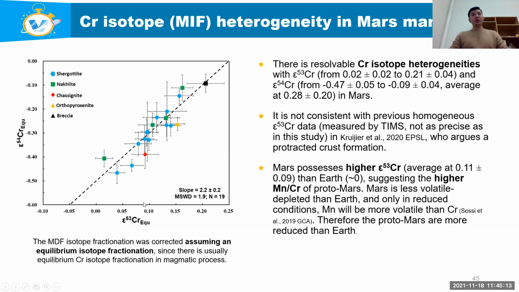And here is my high precision mass-independent chromium isotope data. So we can see there are resolvable chromium isotope heterogeneities for both epsilon 53 and epsilon 54 in Mars.